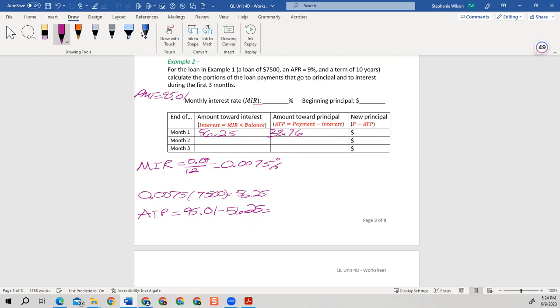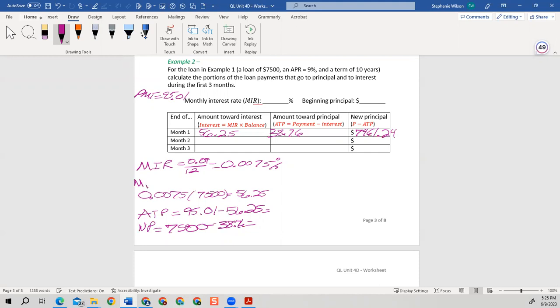So now we're going to take our total principal, which is for this next column, our new principal. I'm going to call it NP. And I'm going to subtract 7,500 minus that 38.76. And that's going to give me a new balance of 7461.24. So that's month 1.